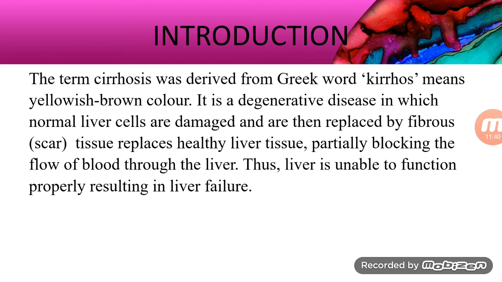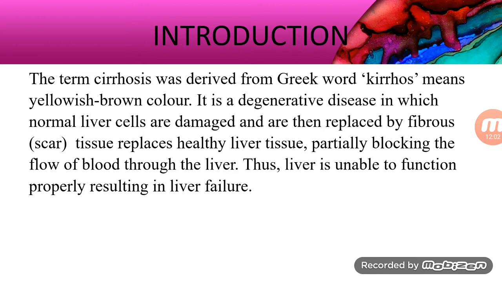As a result, the functional ability of that particular tissue will be lost. So that is known as a degenerative disease, okay? So liver cirrhosis is also one of the degenerative diseases in which normal cells are damaged.